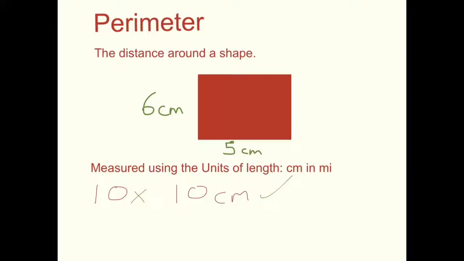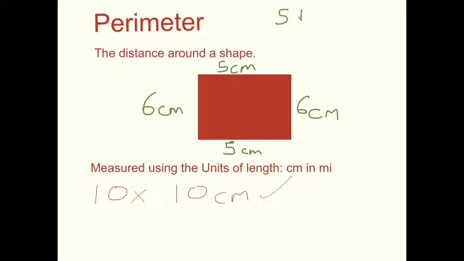Sometimes you might end up having a shape which only shows you the length of two of the sides. So this side here is 6 centimeters and this side is 5 centimeters. Well, we know it's a regular polygon, it's a quadrilateral, so we will know straight away that this side will also be 6 centimeters and this side is also 5 centimeters. So again, all we have to do is add up the different lengths.